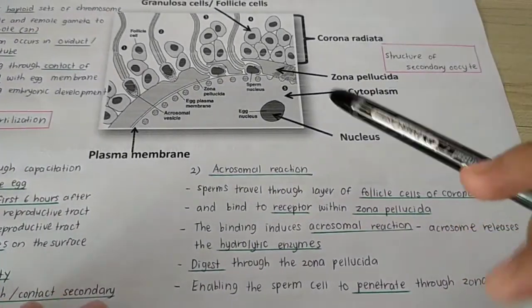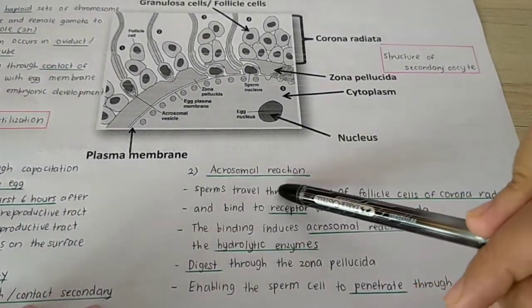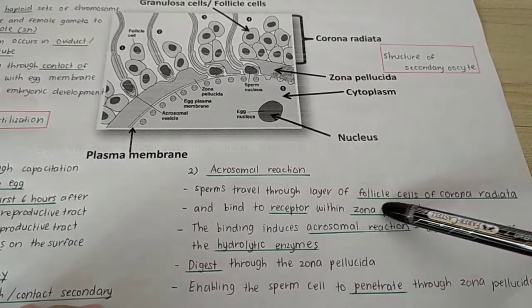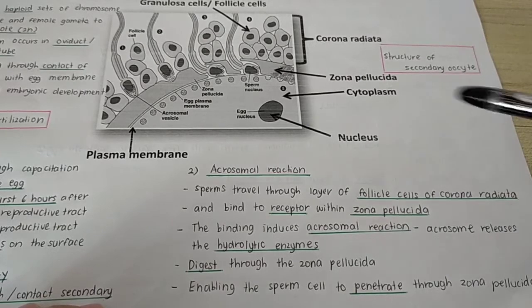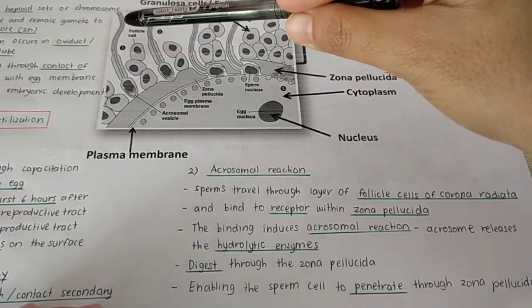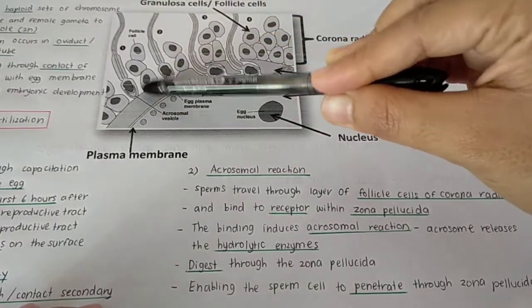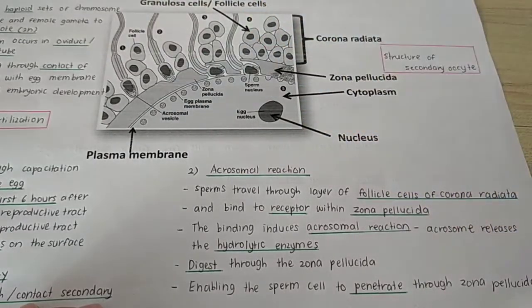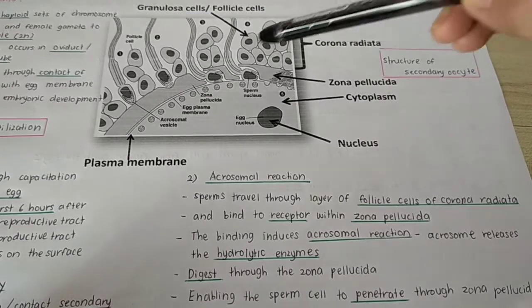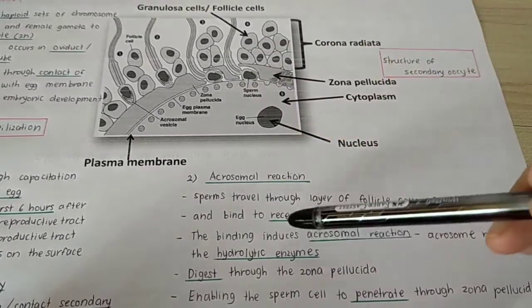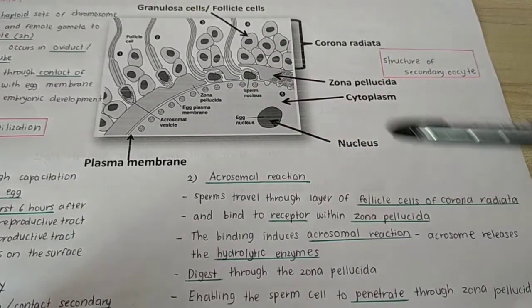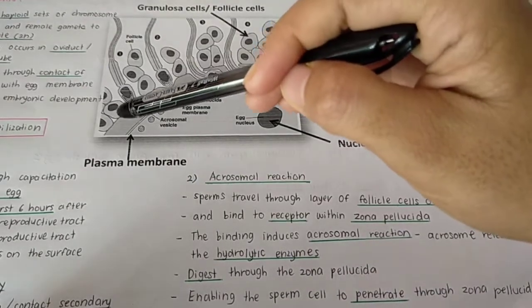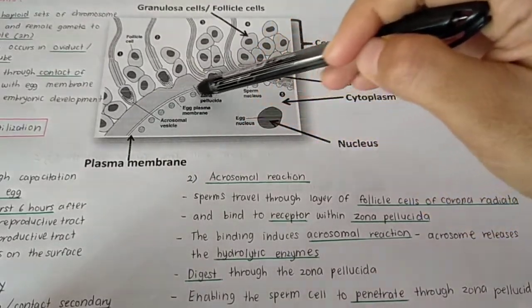Next we go to the second stage, which is the acrosomal reaction. The sperm travels through the layer of follicle cells of the corona radiata. Once the sperm has reached the secondary oocyte, it will travel through the follicle cells of the corona radiata and bind to the receptors within the zona pellucida.